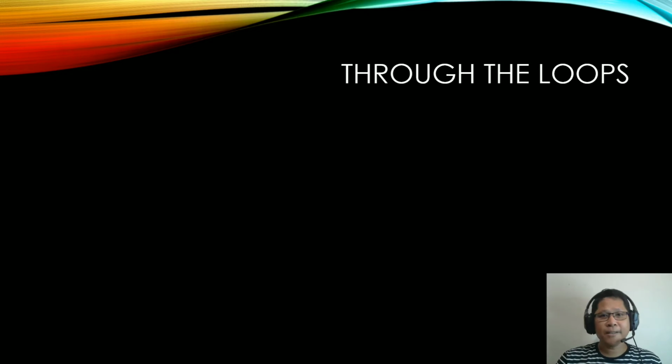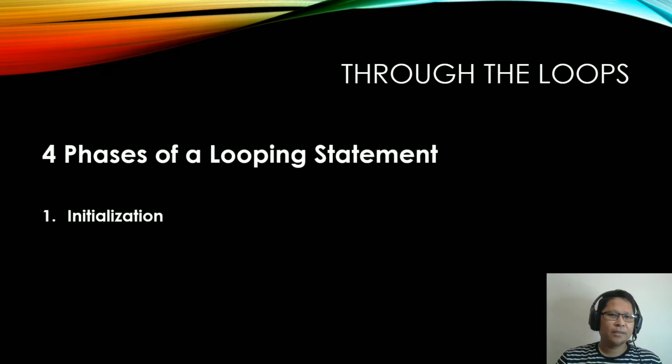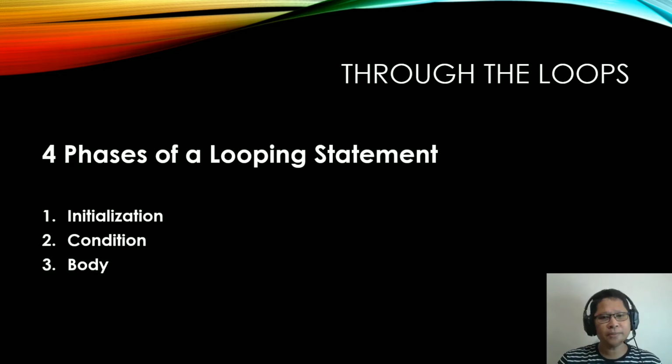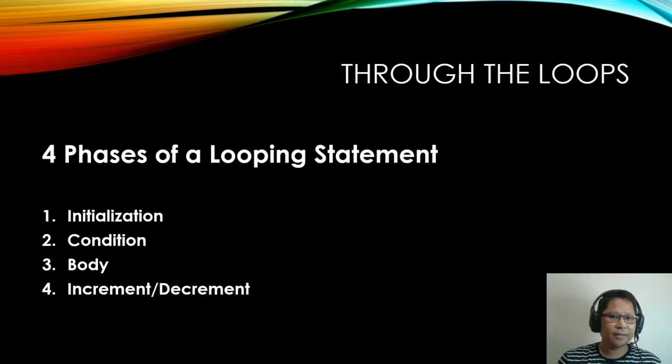Moving on, we will discuss the four phases of looping statements. Number 1 is the initialization. Number 2 is the condition, then the body, and the increment or decrement. We will discuss these four one by one.